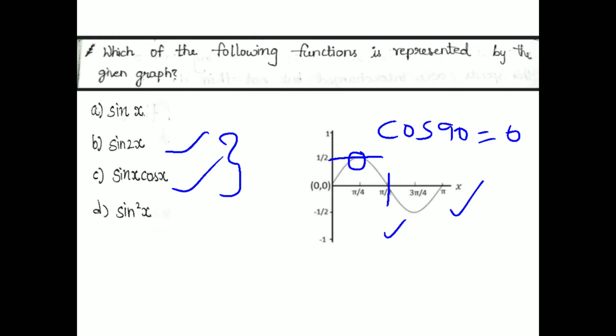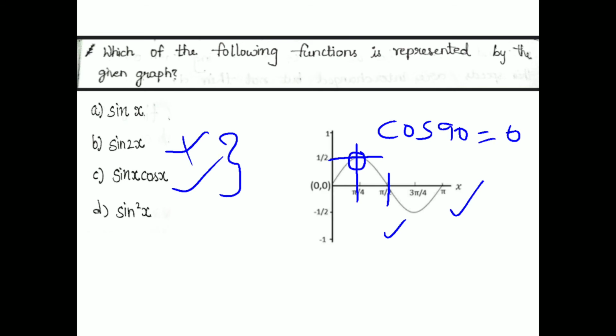When we get half, let us see with sin 2x. At pi by 4, sin 2x is sin 2 into pi by 4, that means sin pi by 2, that is nothing but 1. But here we are having half. So this option is eliminated, and the only option remaining is sin x into cos x.